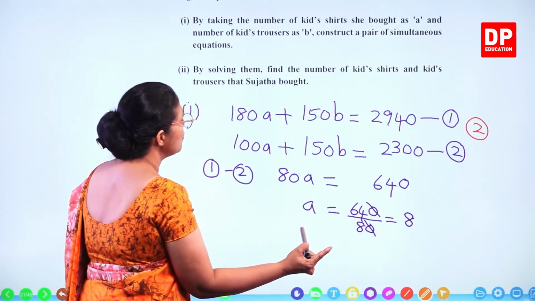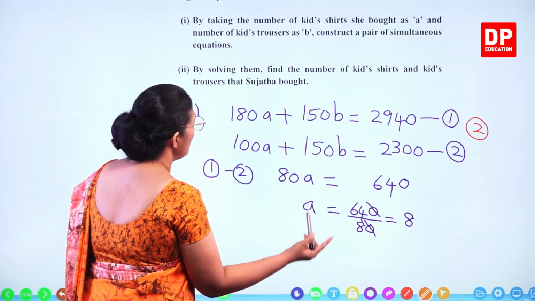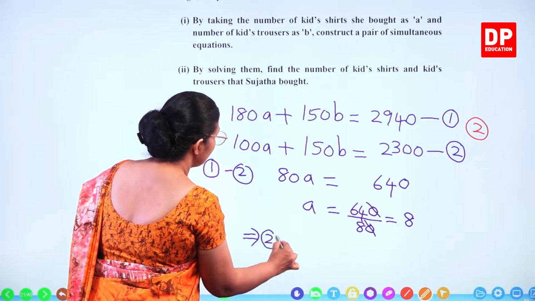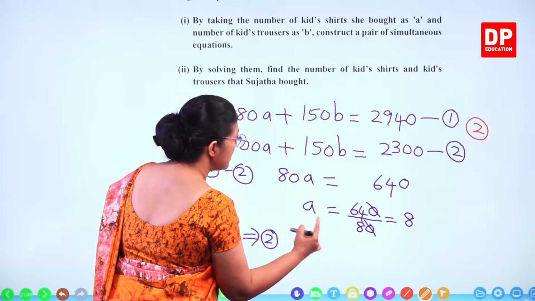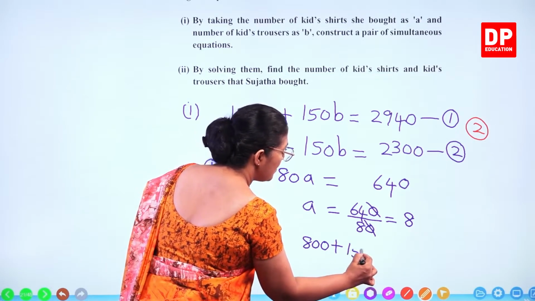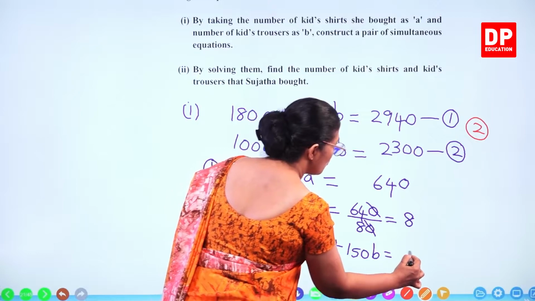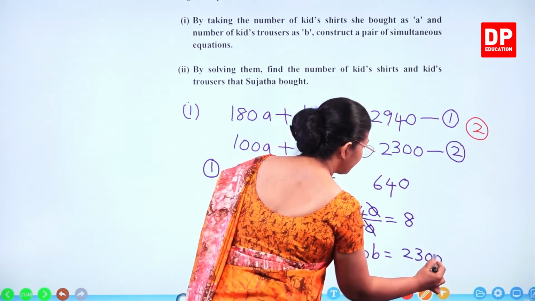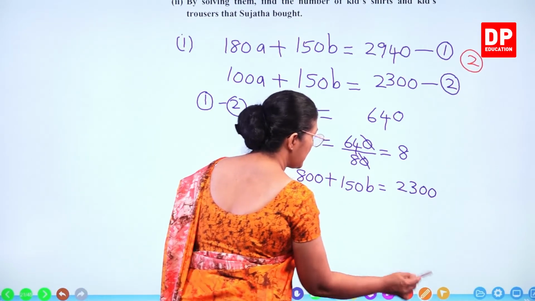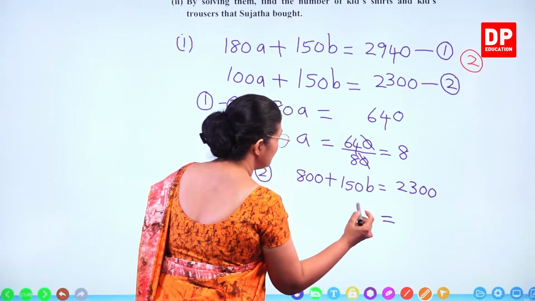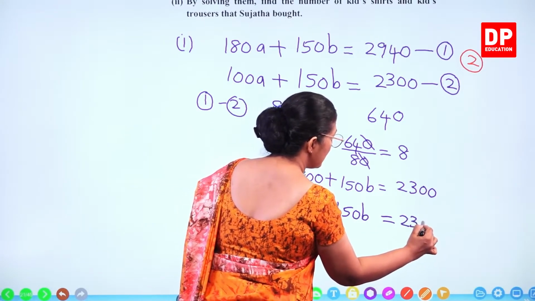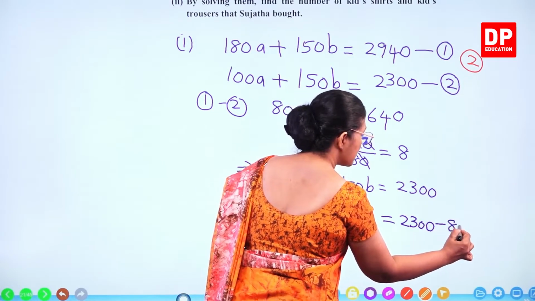Then substitute in one of the equations. So let's take the second one. 100A, 100 times 8, 800, plus 150B equals 2,300. Subtract 800 from this. So you get 150B equals 2,300 minus 800.